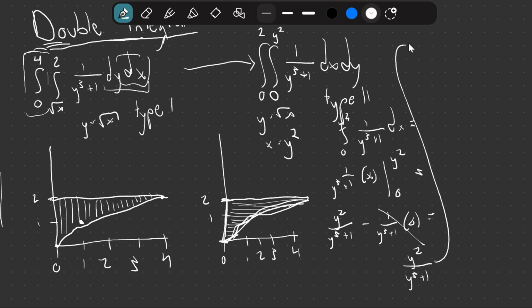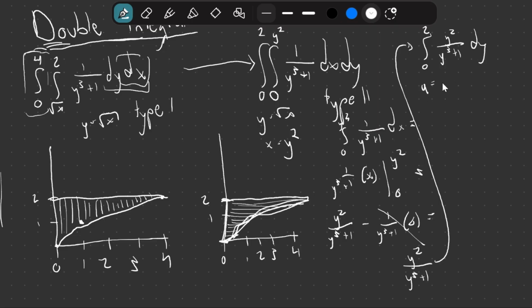If we move this, we can now solve the second integral, which is from 0 to 2 y squared over y cubed plus 1 dy. And now it is much easier to solve this integral with respect to dy because we can just use a u substitution for the denominator, and the y squared in the numerator will be canceled out.